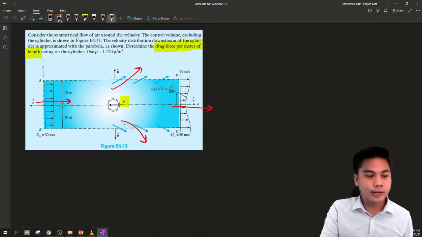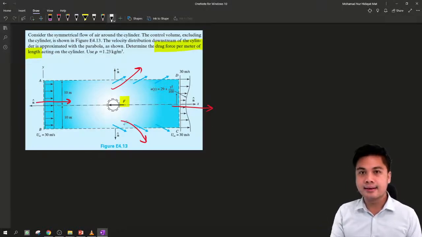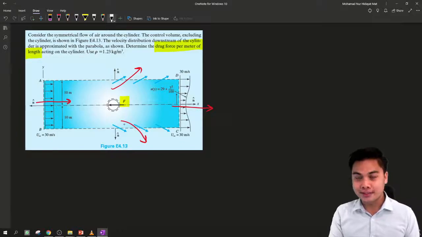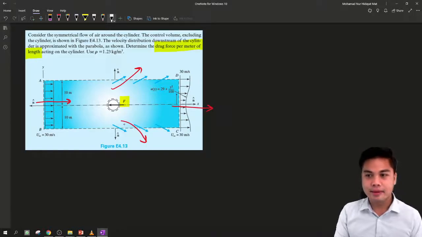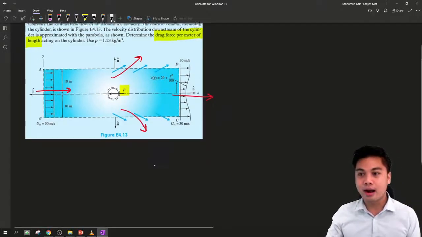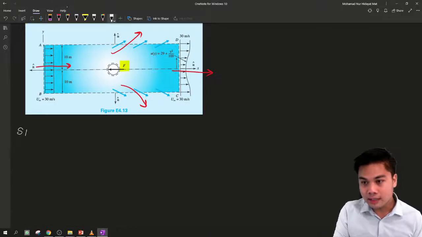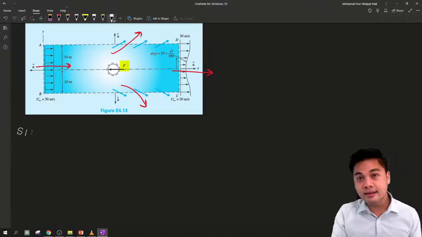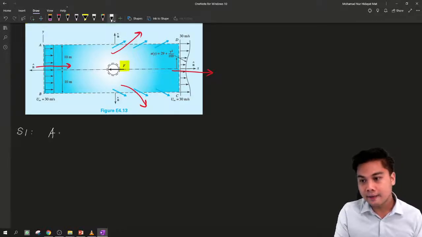The first step that we're gonna do is that we need to apply the Reynolds transport theorem for the momentum equation. Remember our Reynolds transport theorem, RTT, where step number 1 starts with applying the momentum equation using the Reynolds transport theorem formula.